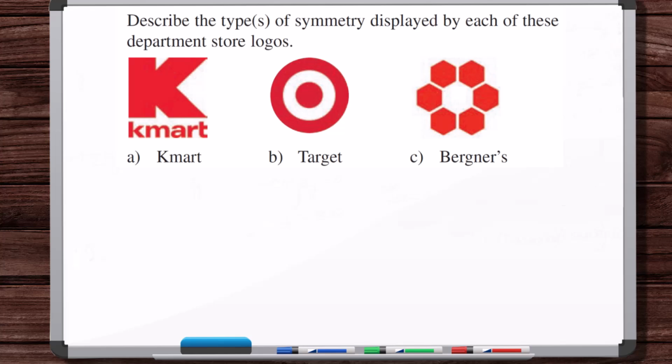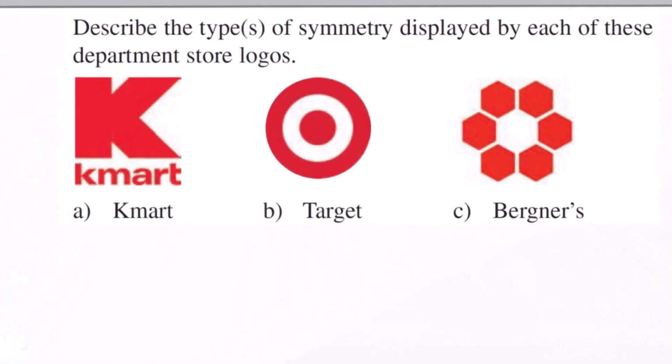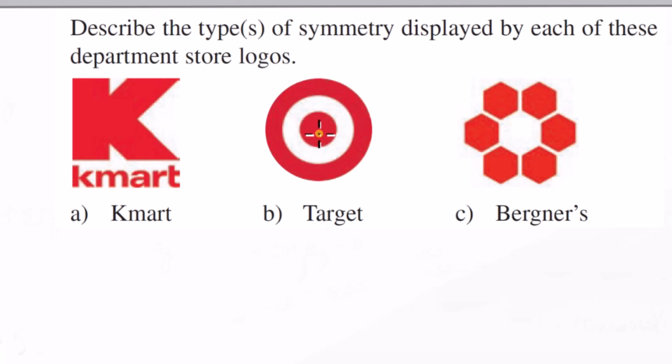Okay, same problem here. Let's identify all the types of symmetry associated with these logos. Let's start with the easier one in the middle here. So this is definitely point symmetry for sure. It looks like there's an infinite number of line symmetries. Is that right?